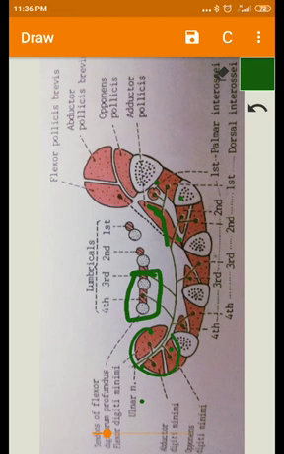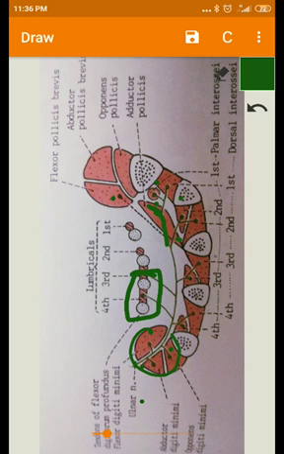The median nerve supplies the superficial head of the flexor pollicis brevis, whereas this deep branch of the ulnar nerve supplies the deep head of the flexor pollicis brevis, and it also gives an articular branch to the wrist joint.